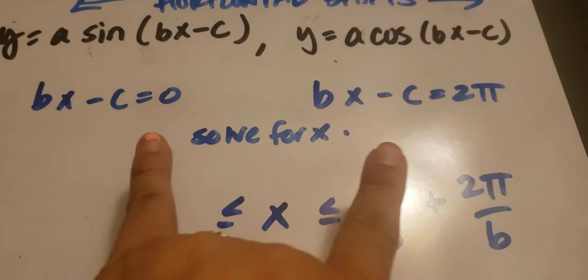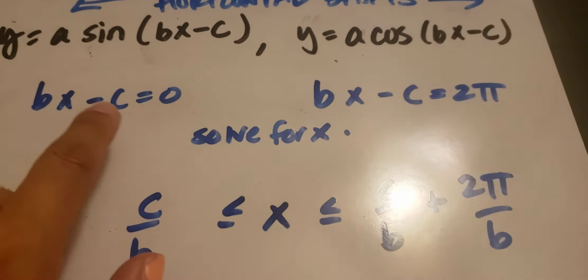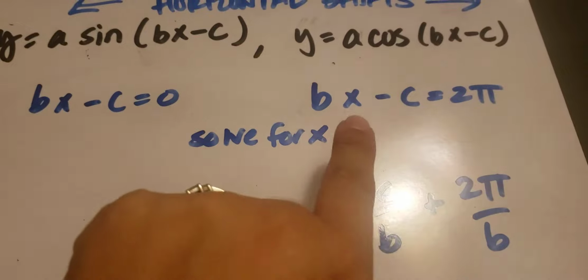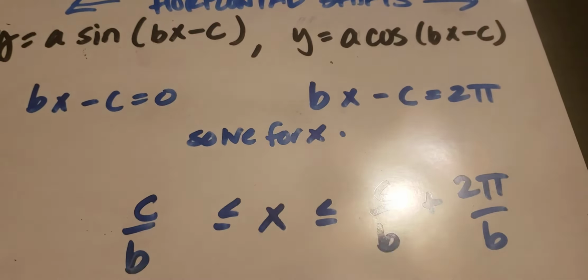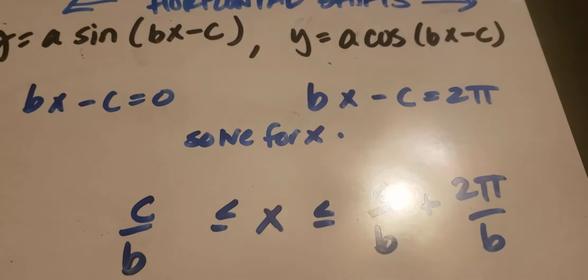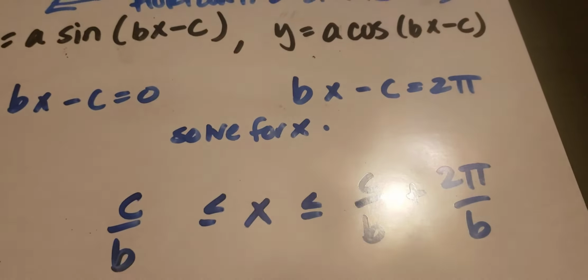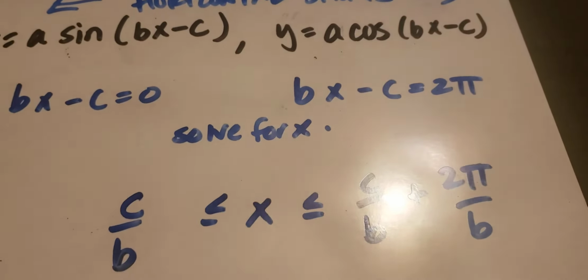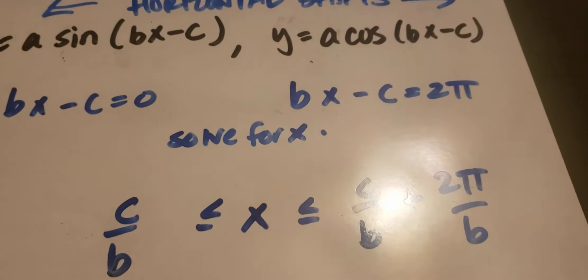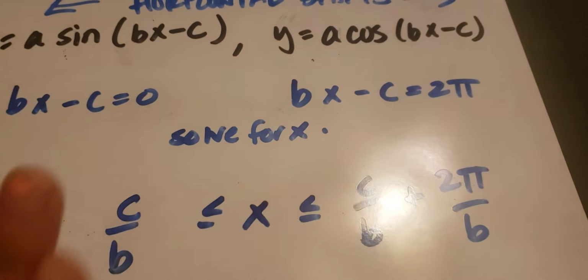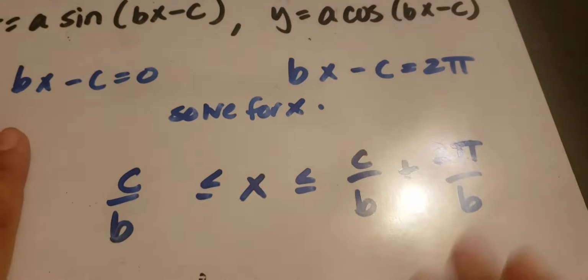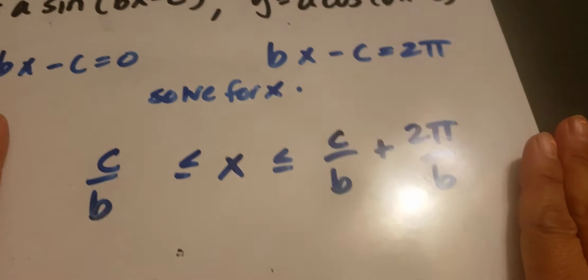So basically, two equations are given, bx minus c equals 0 and bx minus c equals 2 pi. And this will help you solve for x, and it's basically going to help you with your range, okay? I'm sorry, not your range, with your domain. Basically, how far to the left you go and how far to the right you go.